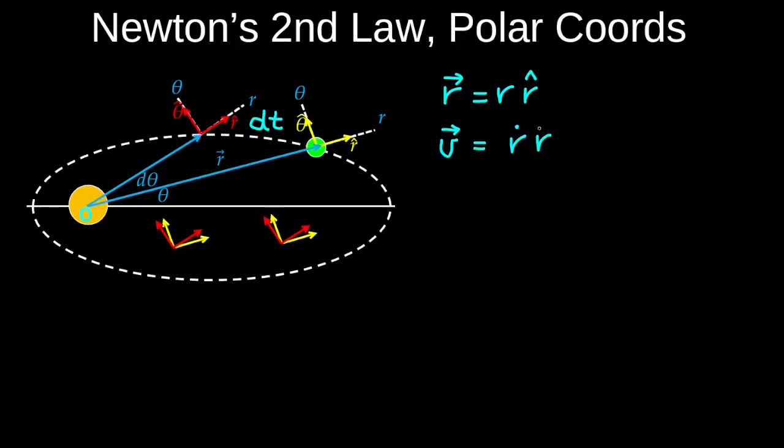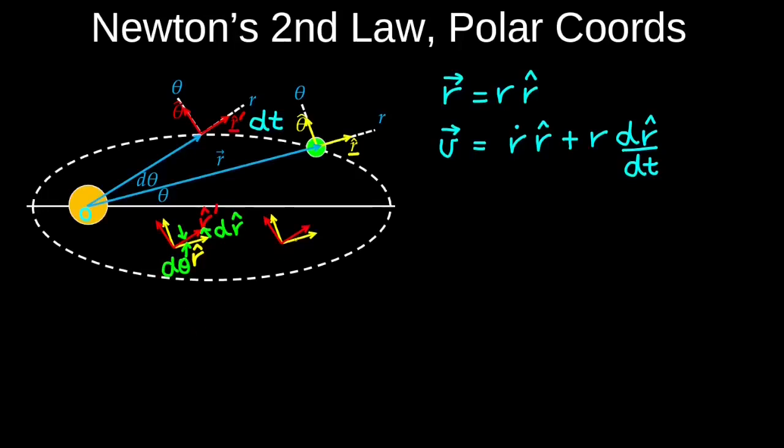So we use the product rule. And here the unit vector r changes direction to r dash, and therefore by vector addition this distance is dr. And this angle between those vectors is d theta.